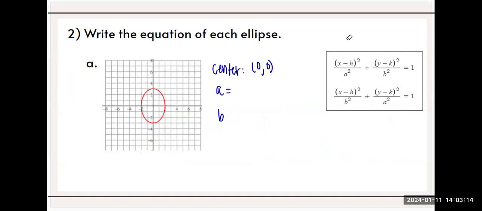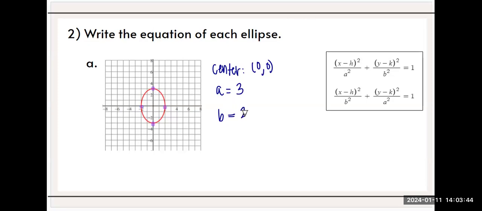How far is it from the center to a vertex? Three, yep. Okay, so that's 3. And then B, left and right, 2.